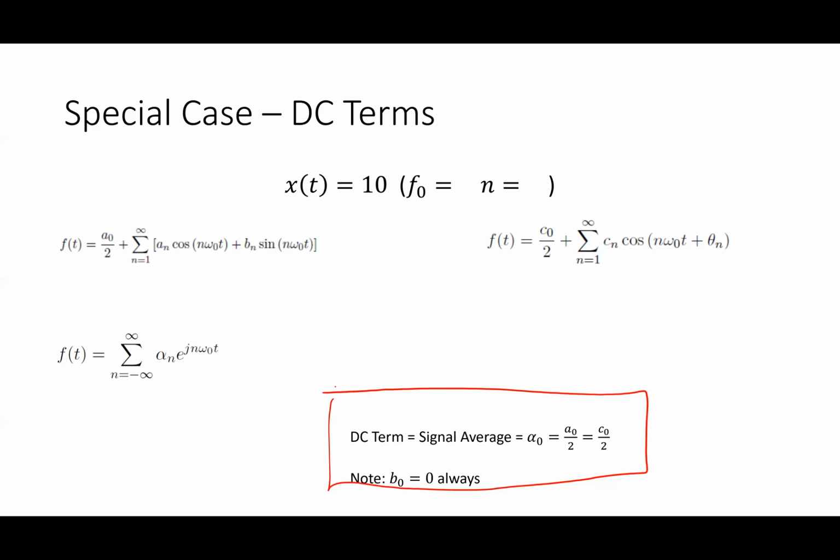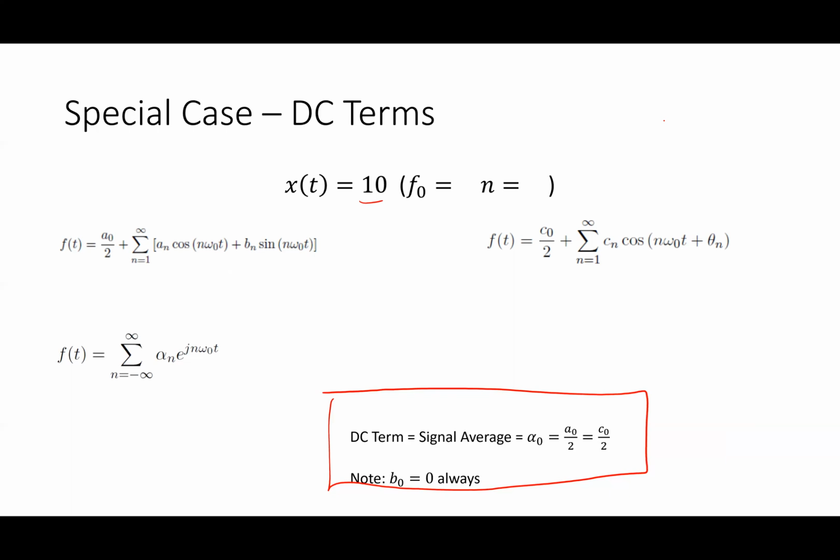So let me ask you this. If I have x of t equal to minus 10, and I ask you what's the magnitude and angle of that? What's the magnitude of minus 10?